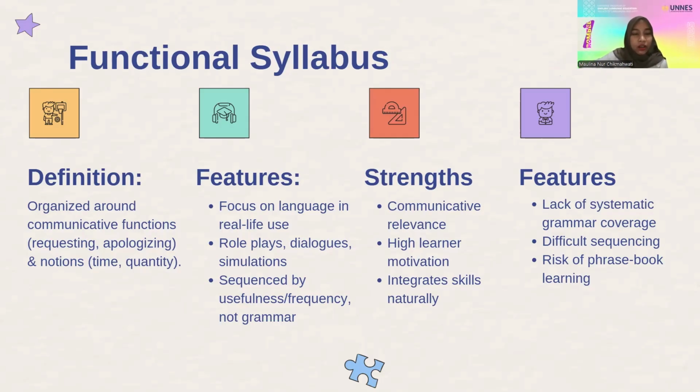The strengths of functional syllabus: first, it goes without saying that it has very communicative relevance, and it will lead to high motivation for the learners, and also functional syllabus can integrate skills naturally.